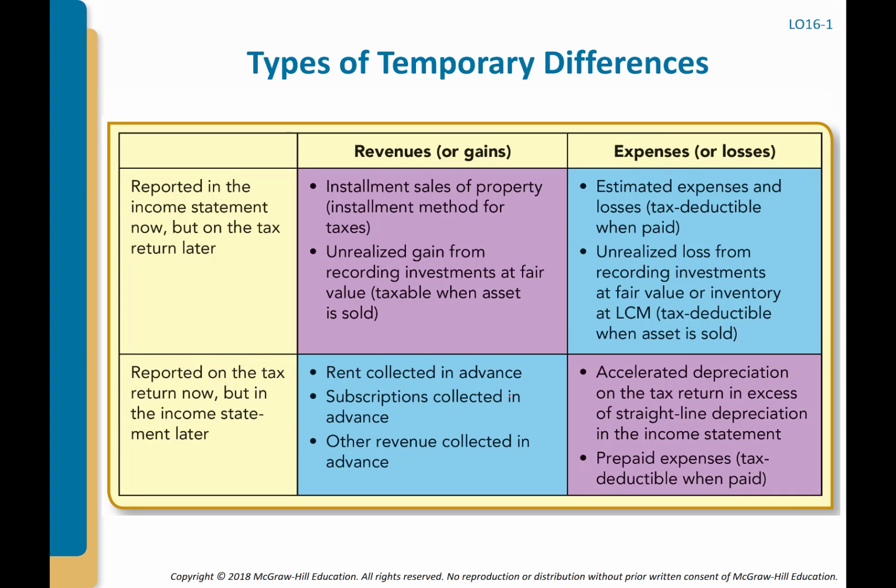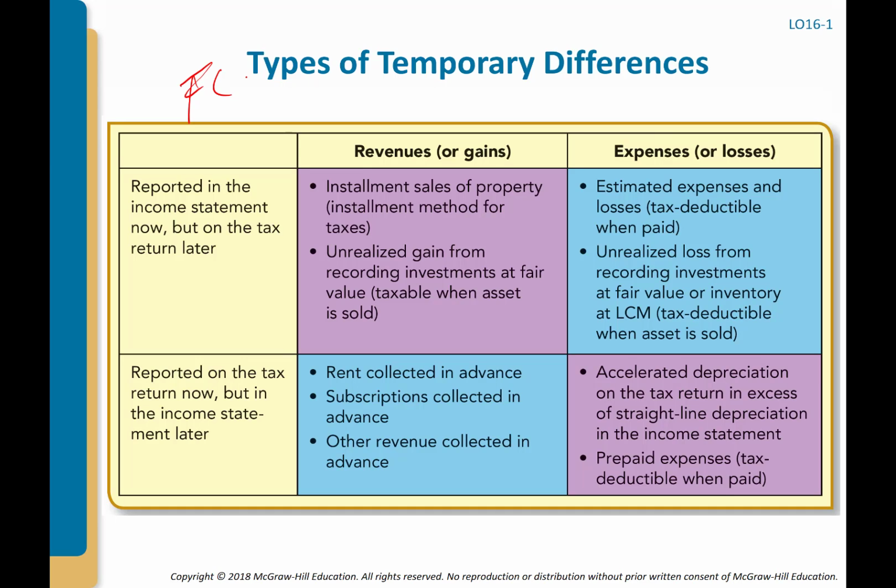Okay, so what this table does, and it's probably a good flashcard for you, if you make flashcards or whatever, but remember this slide, because this does a good job here of helping you to remember how to treat these different items, okay? So what happens?